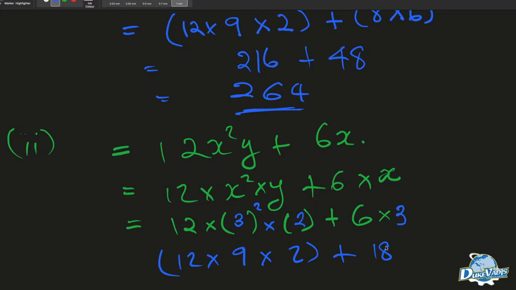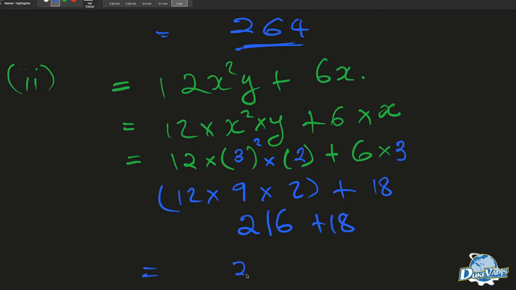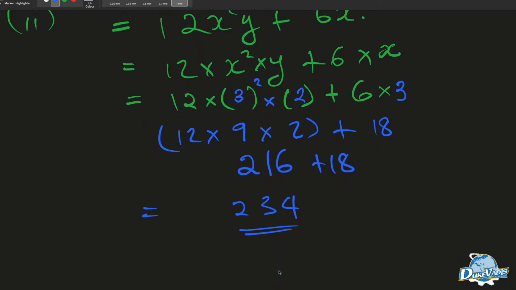Mine is 12 multiplying 9 and multiplying 2. I get 216 plus 18. I got 234. Beautiful.